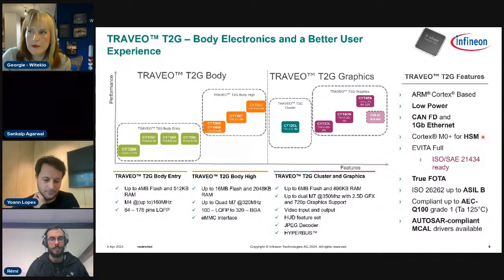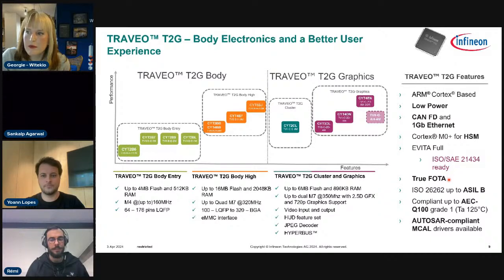This means if the device is dual core Cortex M7 plus HSM, which is Cortex M0 Plus, there are 3 microcontroller cores within the same device. The whole family is EVITA full, and also from the cyber security purpose, the whole family is ISO 21434 ready.